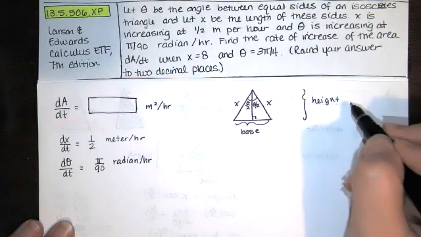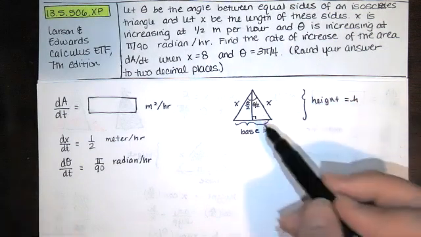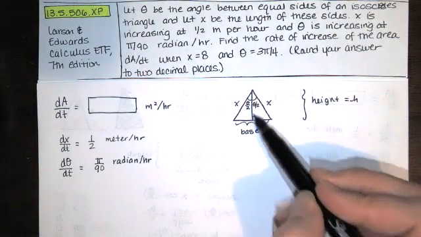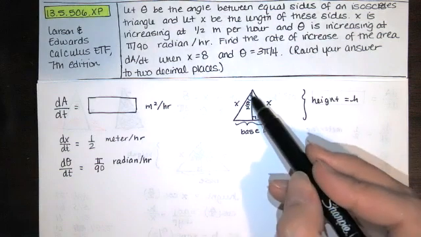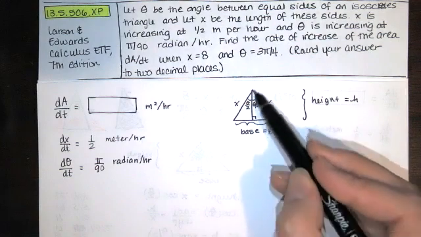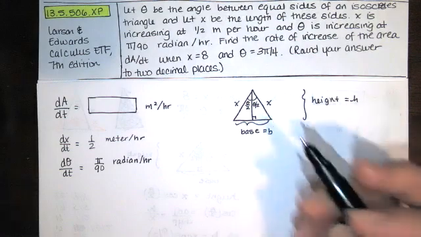If I want the height, which I'm going to label h, I know that the height is the side adjacent to that angle theta over 2. Since I'm interested in the adjacent side and I know the hypotenuse is equal to x, I would use the cosine function.